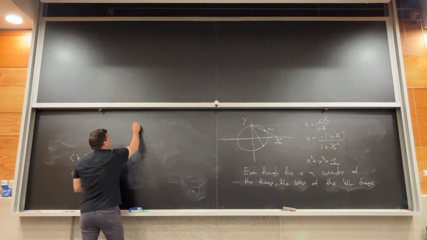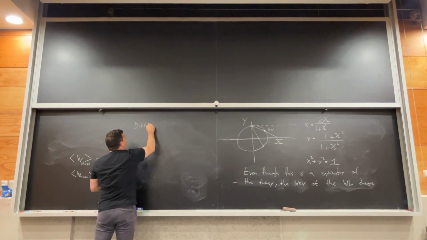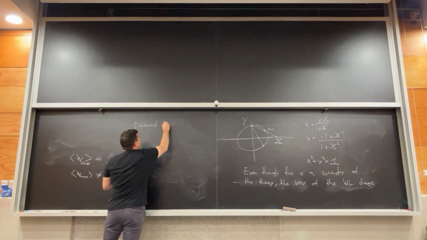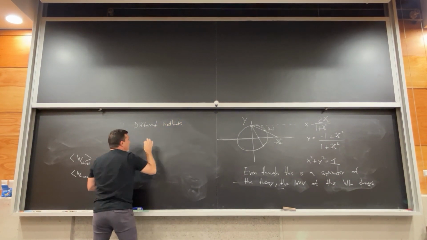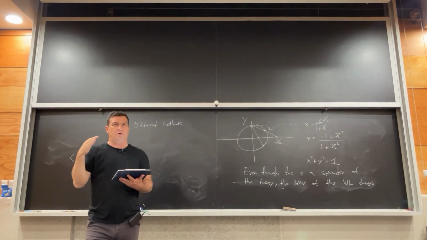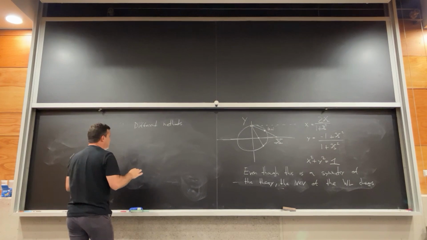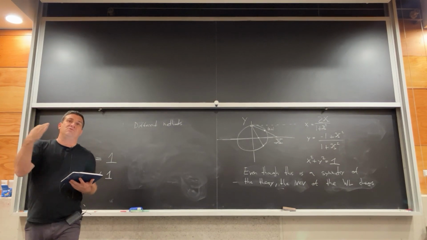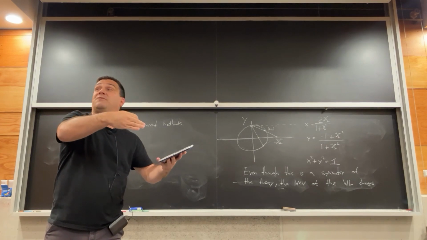There are different methods. So you can do it by brute force or by a technique called supersymmetric localization, which I'm not going to explain, but it relies on supersymmetry. So it only works for supersymmetric observables.